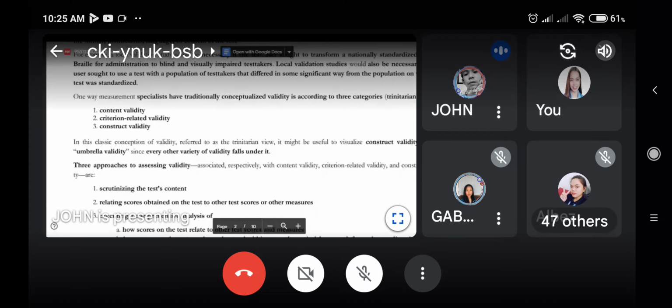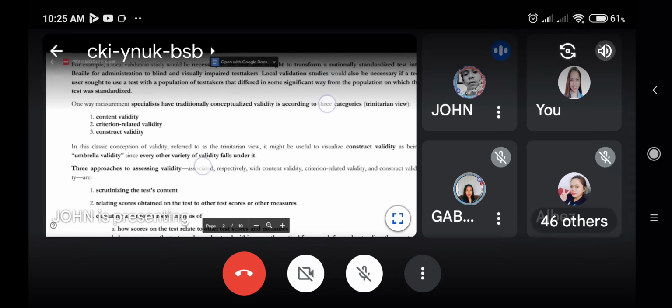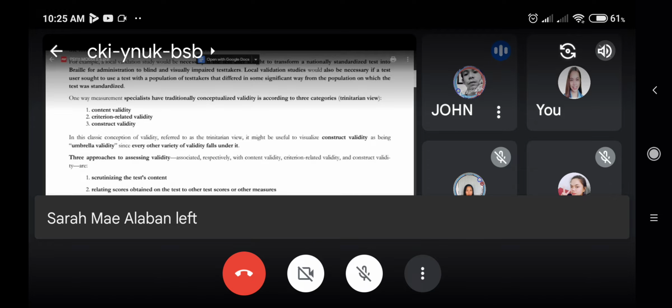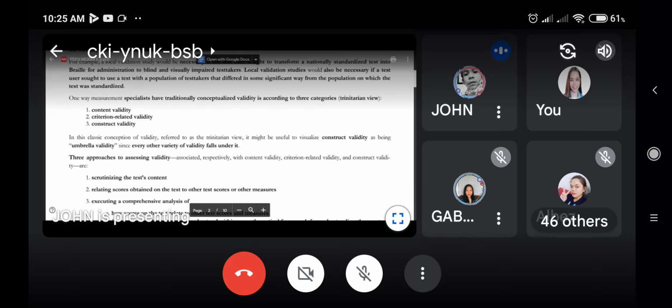So sinasabi that among all of these, it's the construct validity that must be established. Because pag sinabi mong you are able to establish the construct validity, then the criterion and the content validity follow. Kasi ibig sabihin, that particular test is used to measure a particular construct. So it means that the test measures what it intends to measure.